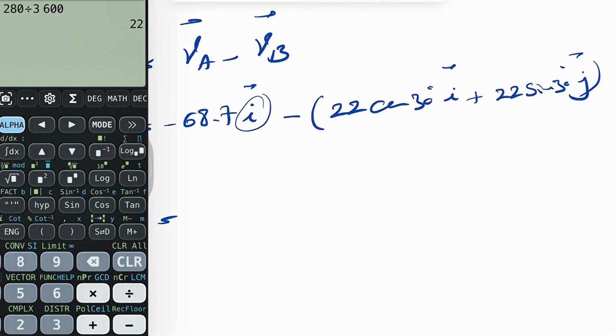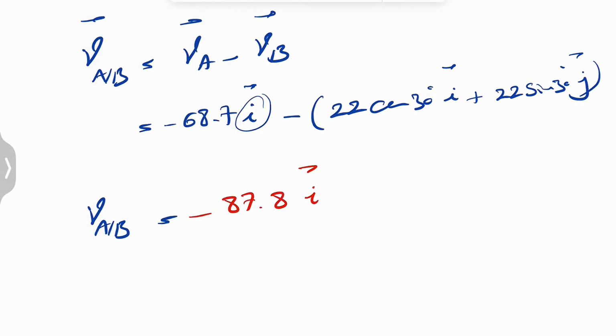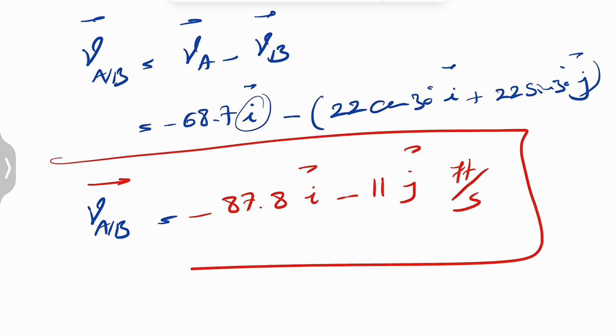So we have negative 68.7 minus 22 cosine of 30, which gives negative 87.8, and negative 22 sine of 30, we know it's 0.5, so that's going to be negative 11 feet per second. And that's going to be the relative velocity that the question is asking.